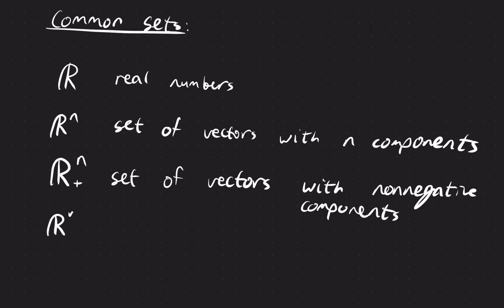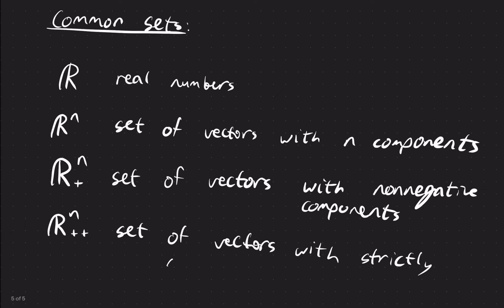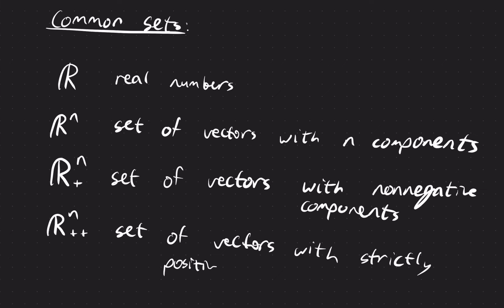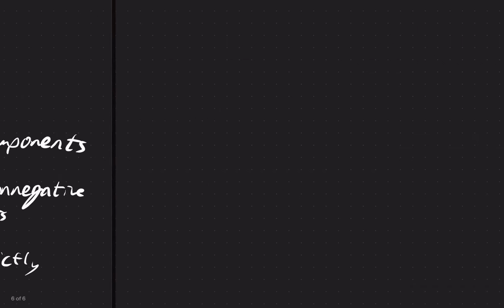And we say R++^n is the set of vectors with strictly positive components. So those are some of the more common ones that you'll see used in this course.